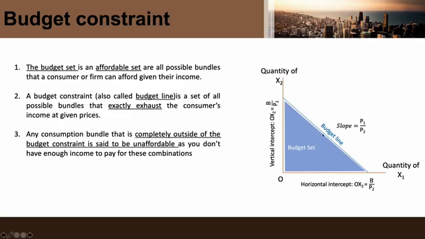Now you can have different combinations of quantities of good 1 and good 2 by being on the budget line, and the extreme combinations are point x2 and point x1, where you consume your budget fully on good x2, and where you consume your budget fully on good x1.